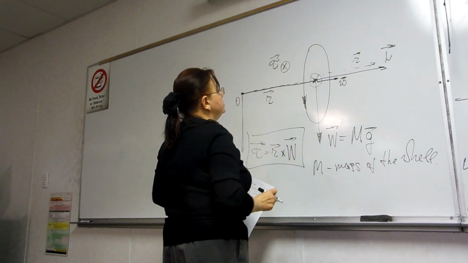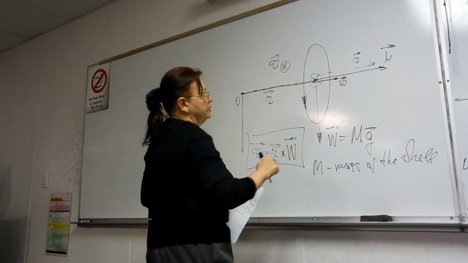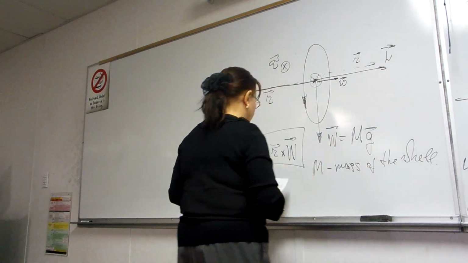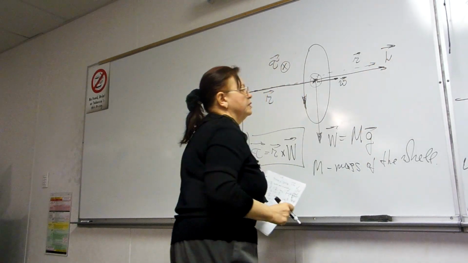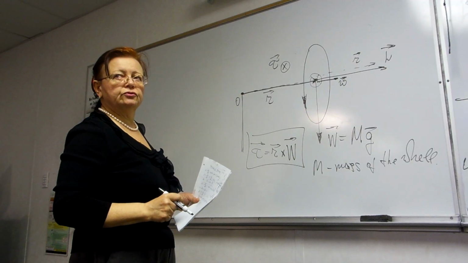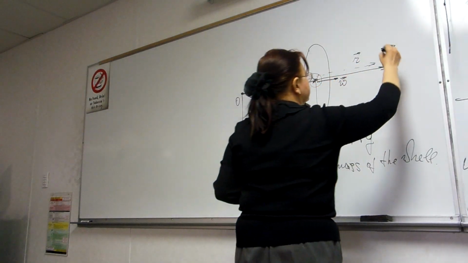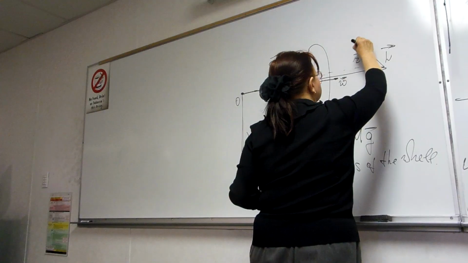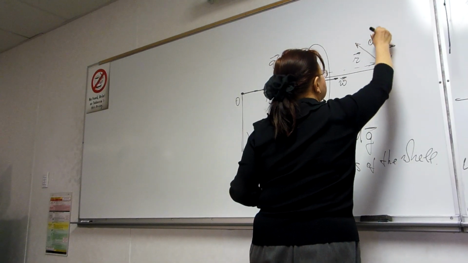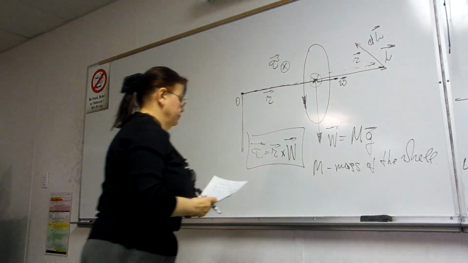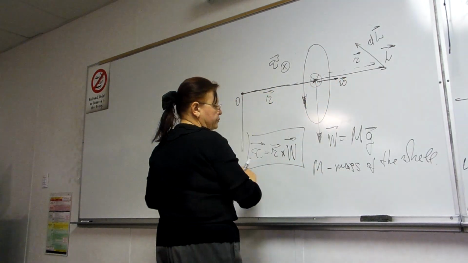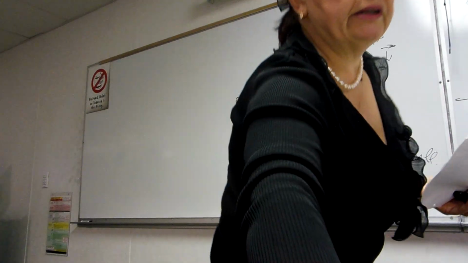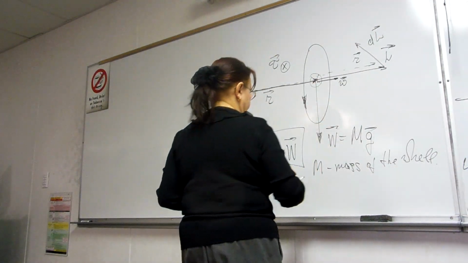So that torque would give additional angular momentum to the existing one. So let's show that addition like dL. And as a result, our wheel will get a little bit different position.